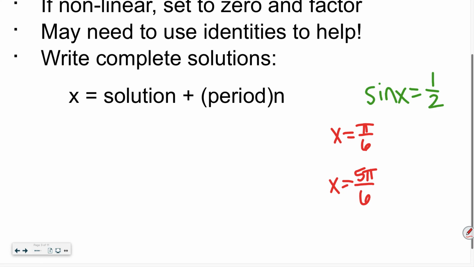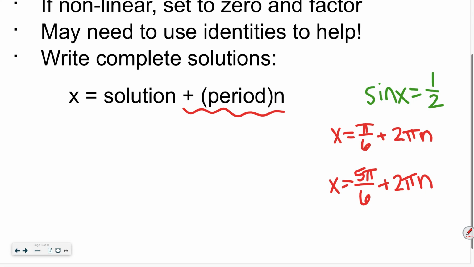But then you need to express that it happens over and over again. So we're going to think about, what's the period of sine of x? The period of our sine graph is 2 pi. So you're going to add the period times n to express that those solutions happen every period along the graph.